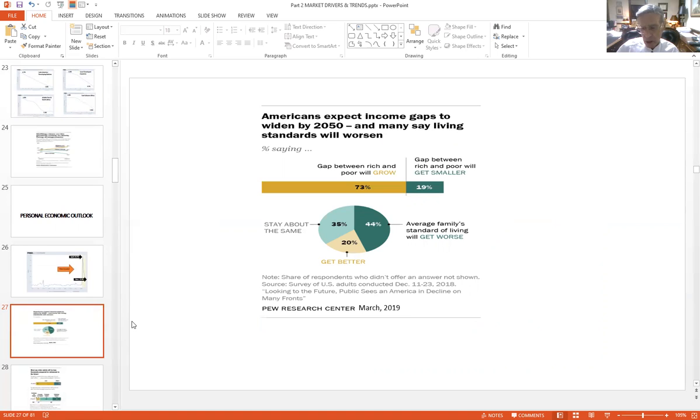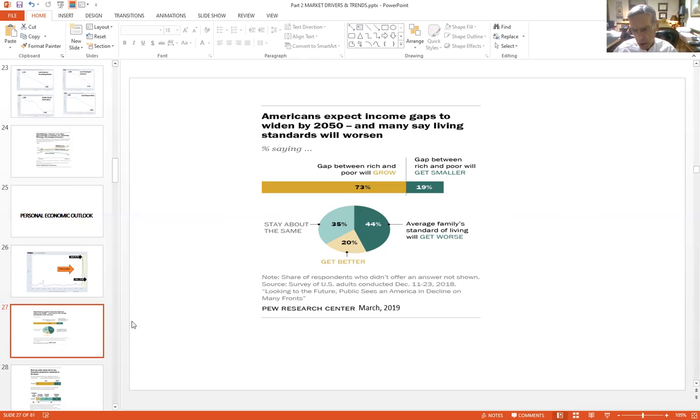Some other indications of personal economic welfare. The Pew Research Group in March of 2019 did a survey and asked whether the gap between rich and poor will grow or get smaller. That is to say, whether there will be a more leveling of the population income-wise or separation.